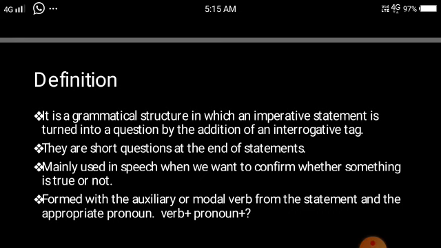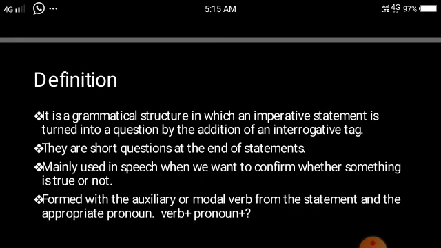That is a question tag. So, a short question at the end of the statement is a question tag. They are short questions at the end of the statements.